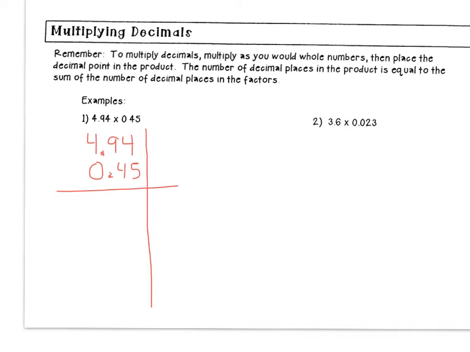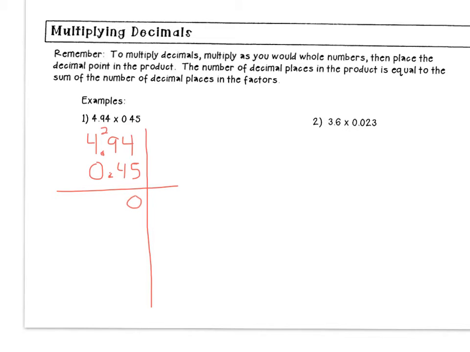Alright, here we go. We have to take each one of these digits and multiply it by each one of these digits. So let's start with the 5. And you go 5 times 4. 5 times 4 is 20. You write the 0 for the 20, but you have to carry the 2.